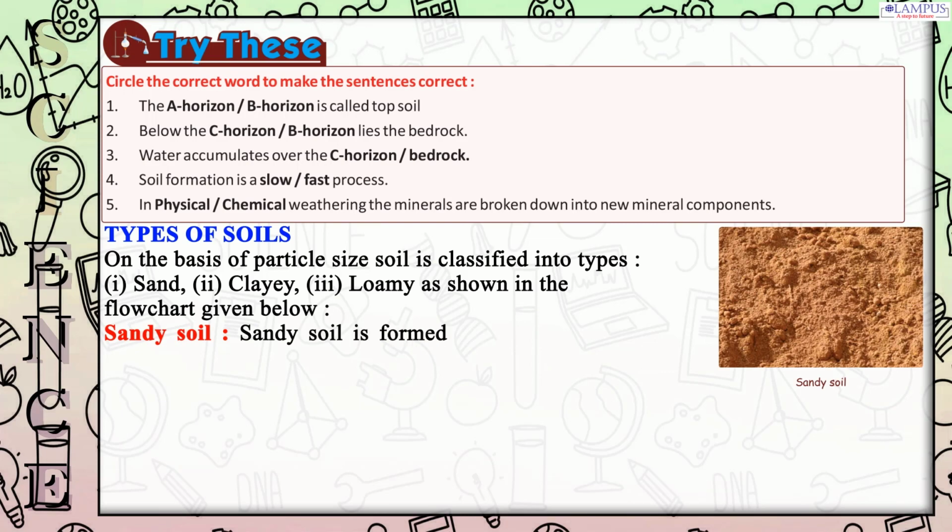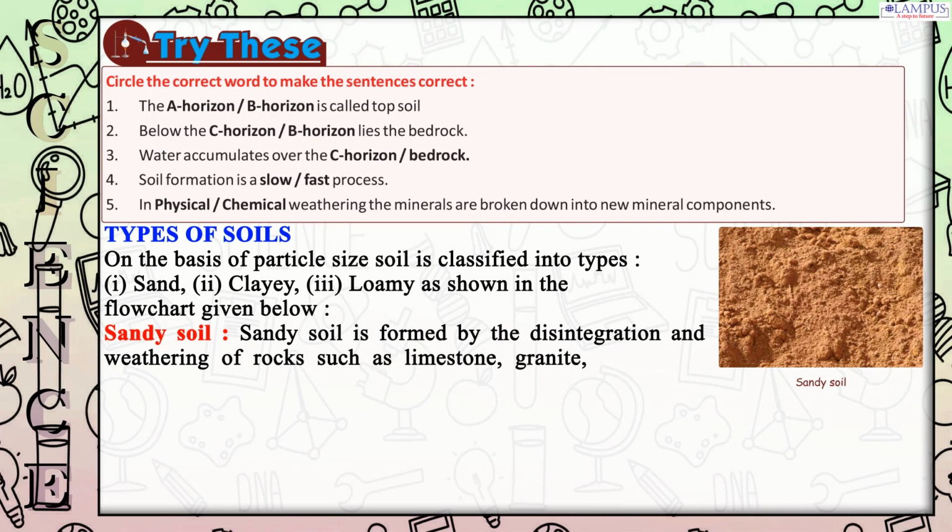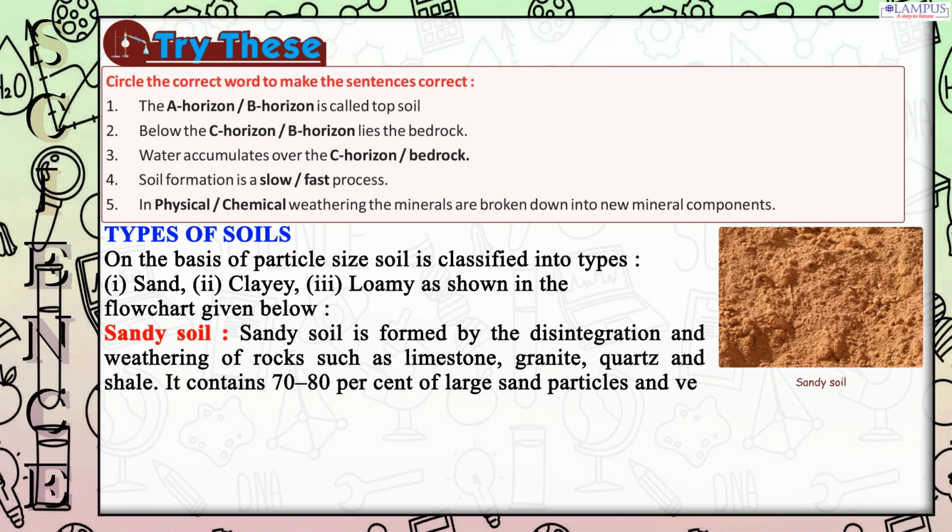Sandy soil. Sandy soil is formed by the disintegration and weathering of rocks such as limestone, granite, quartz and shale. It contains 70 to 80% of large sand particles and very small amounts of silt and clay particles.